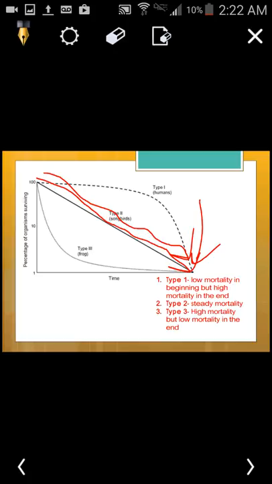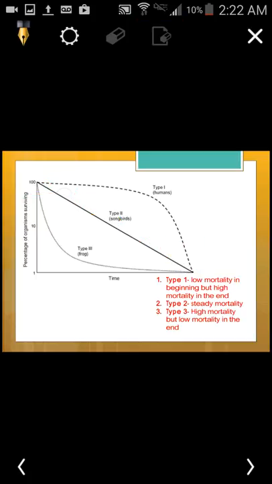So this would be if we had 90% at this point, this time, in that age, 90% are alive. This time, the number surviving goes down.